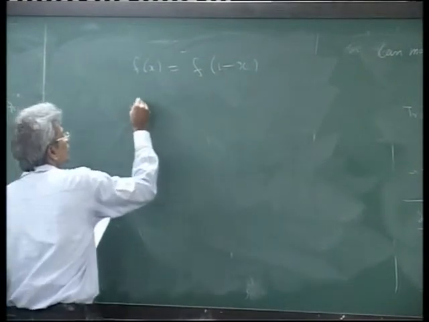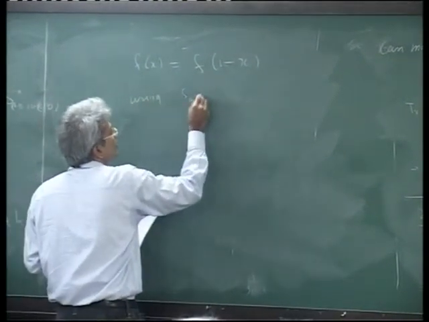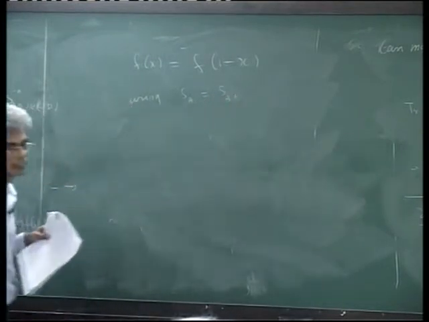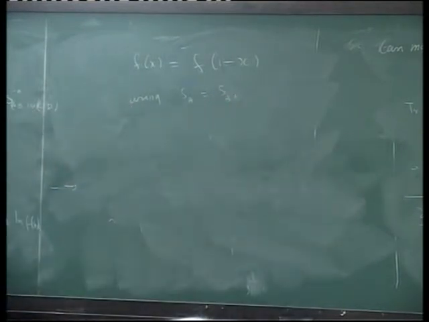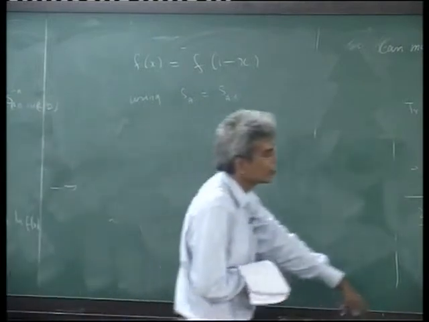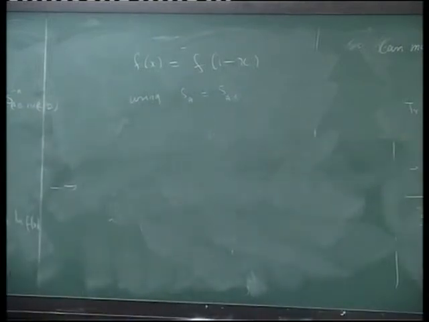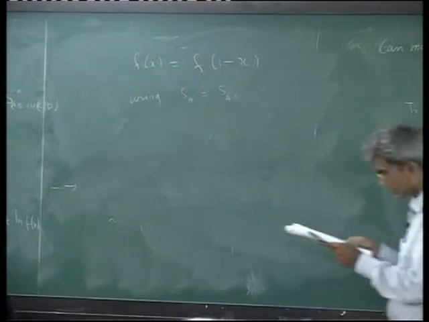Using S_A equal to S_{A complement}, the interval and its complement, it's just like exchanging V1 and V2. So we calculate this and this correlator. It has this property: f of x and f of 1 minus x are the same.